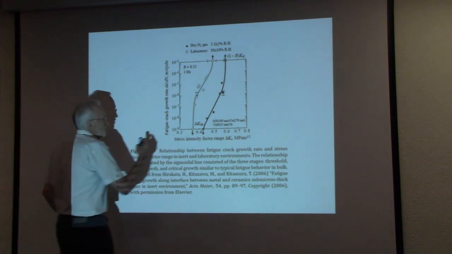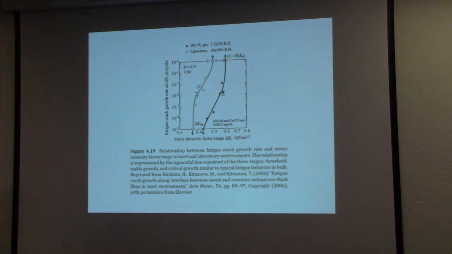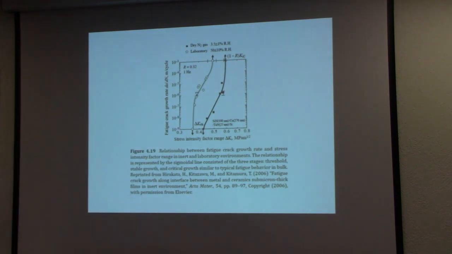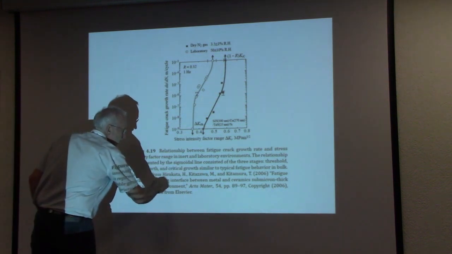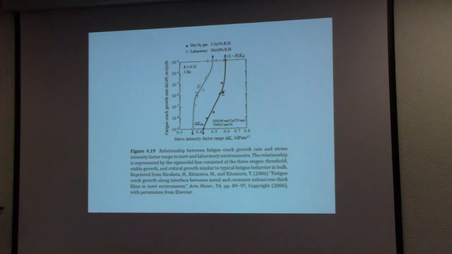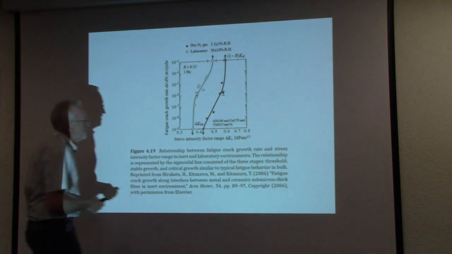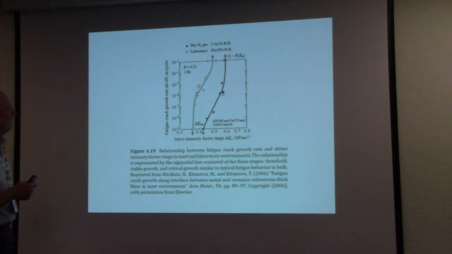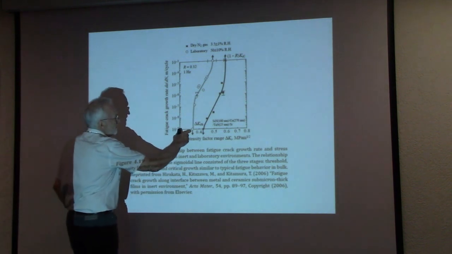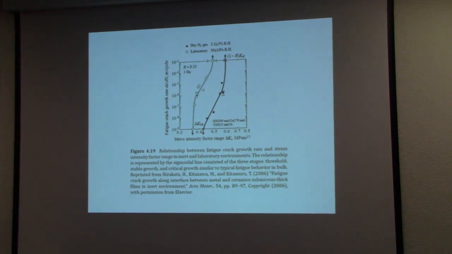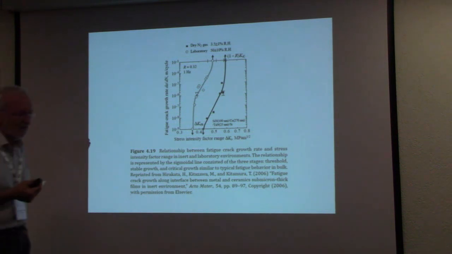For the interface decohesion, this is a result obtained by a Japanese group, Kitamura, and they showed how fatigue crack growth at interfaces, which is a really big problem in the semiconductor industry, behaves. They have shown that in the semi-brittle behavior, even in the ideal brittle case, the environment can significantly affect crack growth.